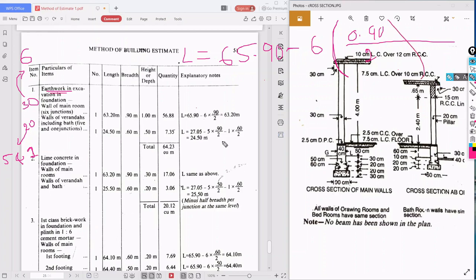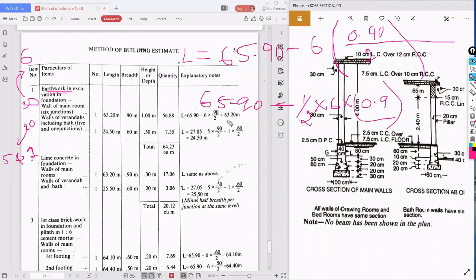Okay, or you can also write 65.90 minus half into 6 into 0.9. Okay, so it's also the width of the foundation or trench, which we already know.